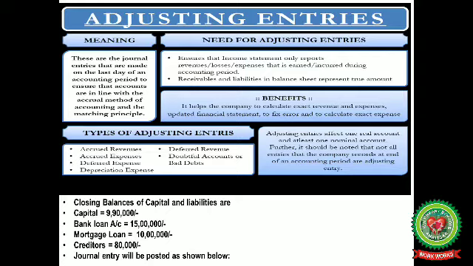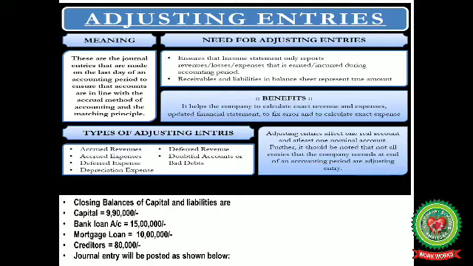Adjusting entries help the company to calculate exact revenue, exact expense, to update the financial statement, and to fix errors. We have different types of adjusting entries: accrued expenses, accrued revenues, deferred expenses, deferred revenues, then depreciation expense, doubtful or bad debts.